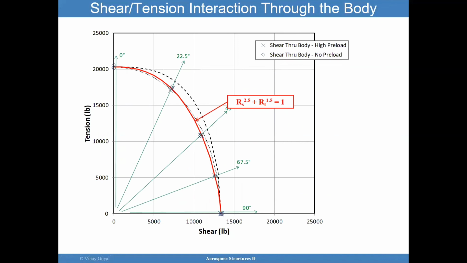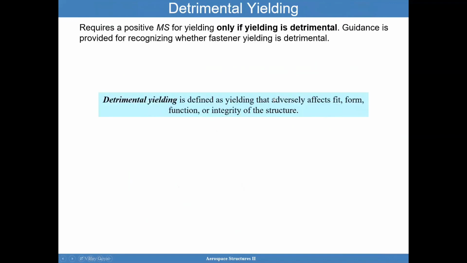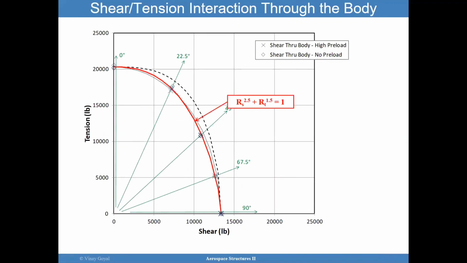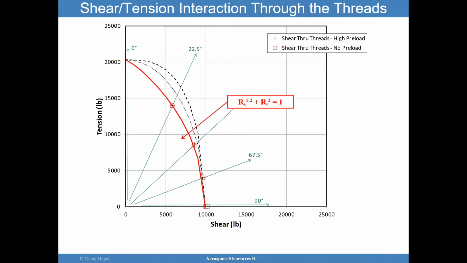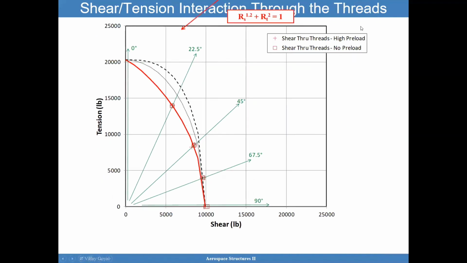Another is to use 2.5 and 1.5. Not too bad. 1.2 and 2. But regardless of the formula you use, you want to have a good understanding of how that curve compares to the problem at hand. So this is through the body, and then this is through the threads.